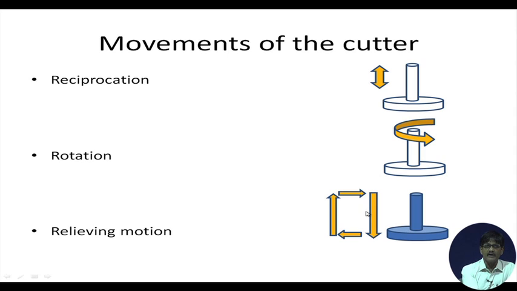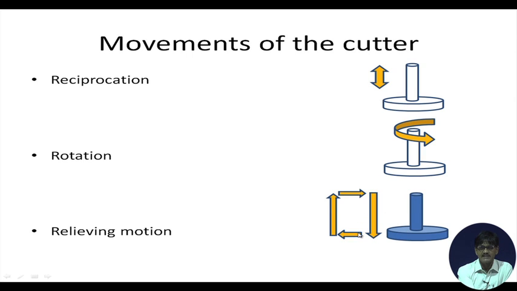So, this one is one motion which we have not discussed up till now. When the cutter is moving up, it slightly recedes away from the workpiece, so that it does not rub against the finished surface of the workpiece. Unnecessarily, this movement would have damaged the finished surface.